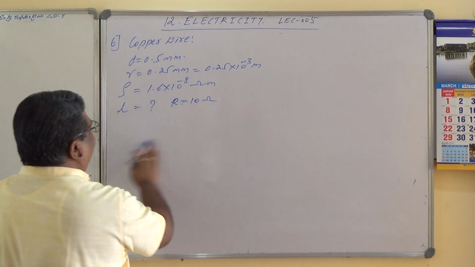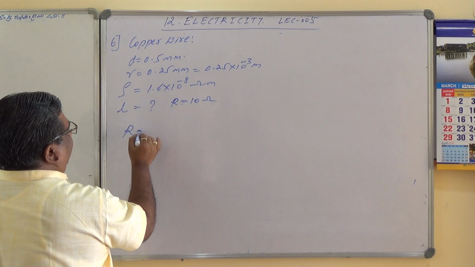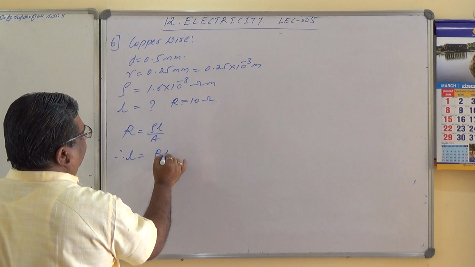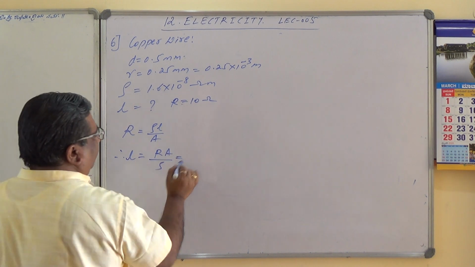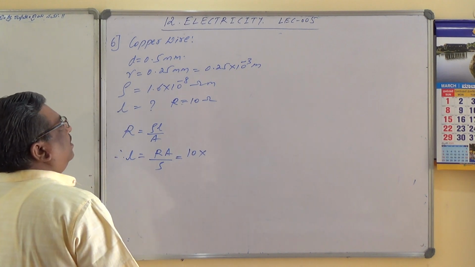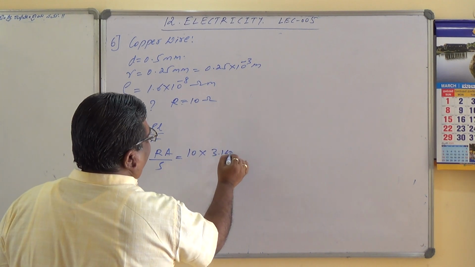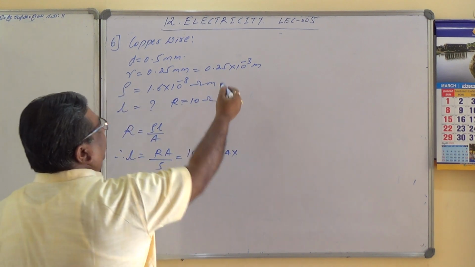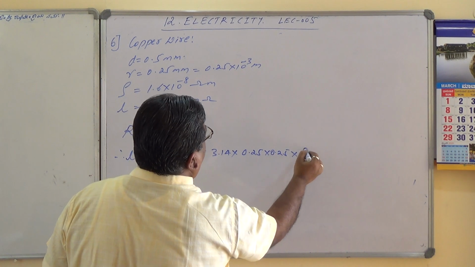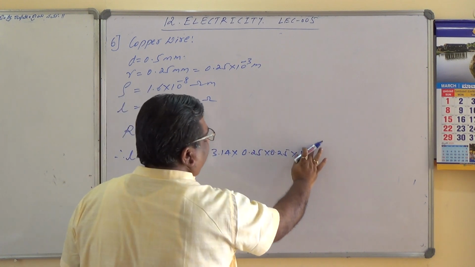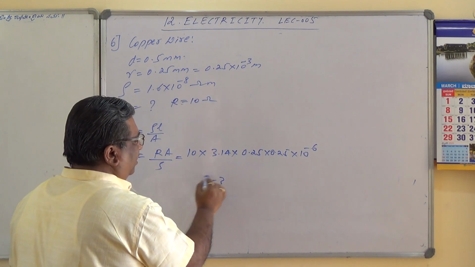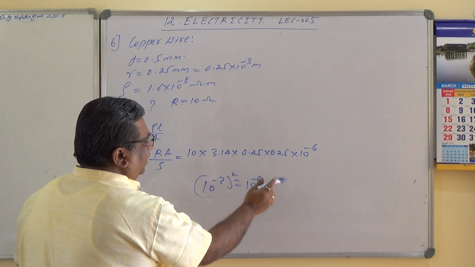L is equal to, we know the formula. What is the formula? R equals rho L by A, and therefore L equals RA by rho, which equals resistance 10, area pi r square, 3.14 into r square, 0.25 into 0.25 into 10 to the power minus 3 the whole square, which is nothing but 10 to the power minus 6.